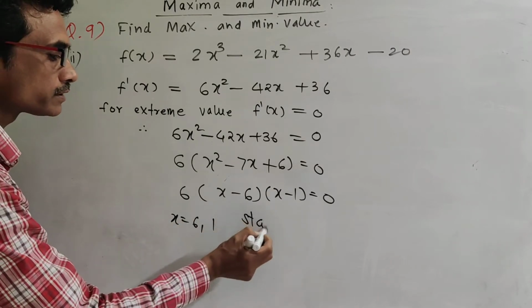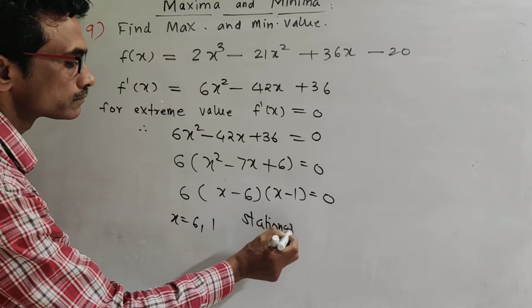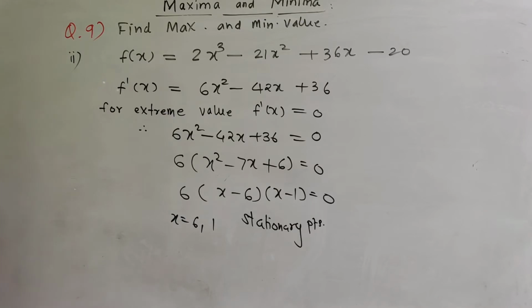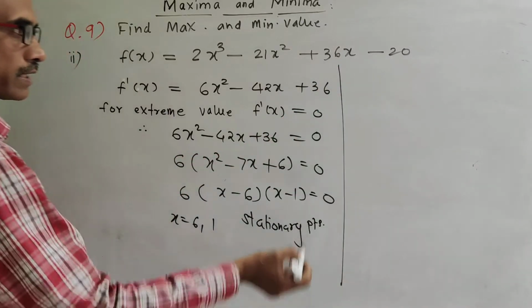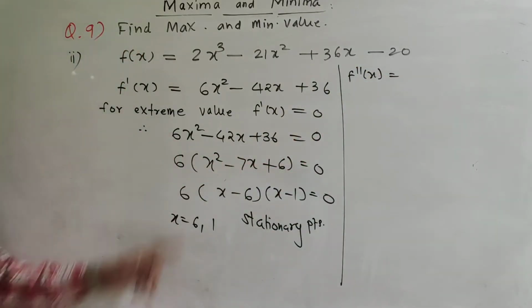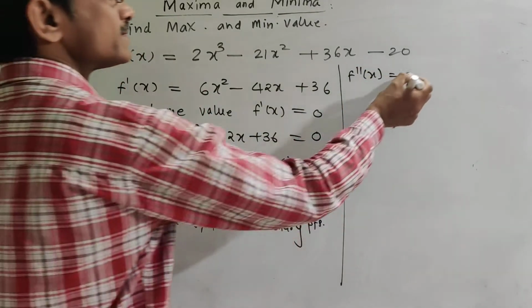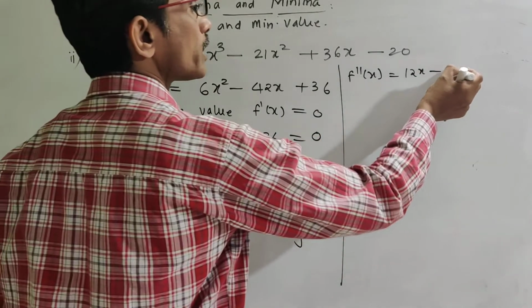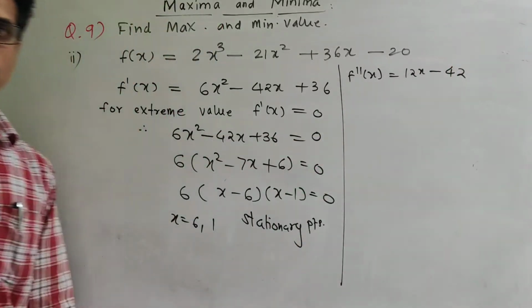So these are stationary points. Now we find the second order derivative. Second order derivative f2 dash of x will be 12x minus 42. This is the second order derivative.